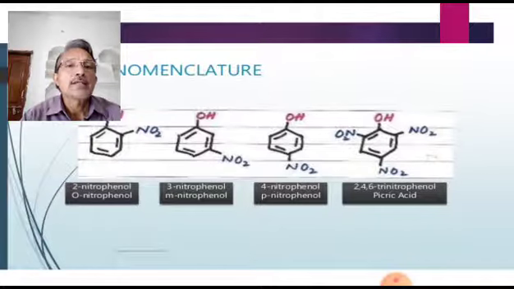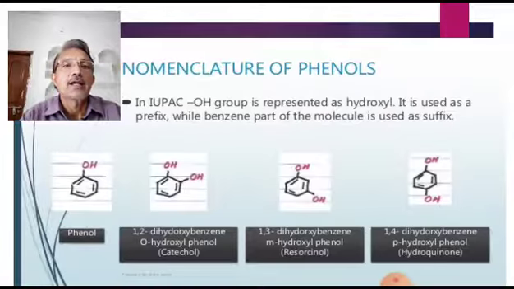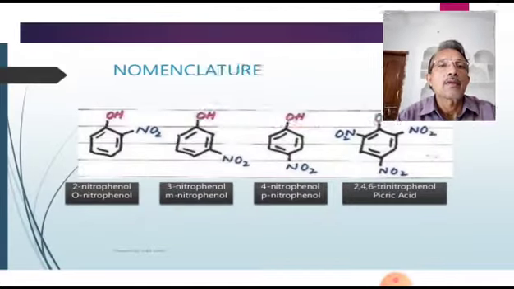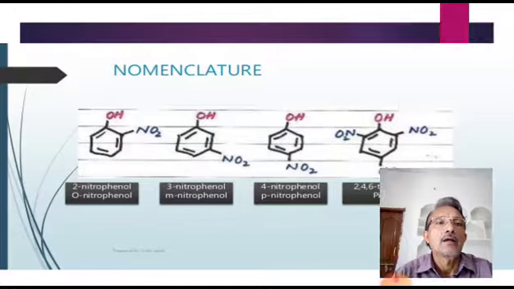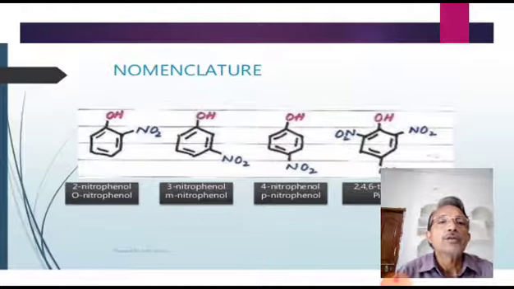Some more examples for nomenclature. If an NO2 group is found at the ortho position of the phenol molecule, we call it orthonitrophenol. Its IUPAC name is 2-nitrophenol. If the NO2 group is present at the meta position, we call it metanitrophenol or 3-nitrophenol.